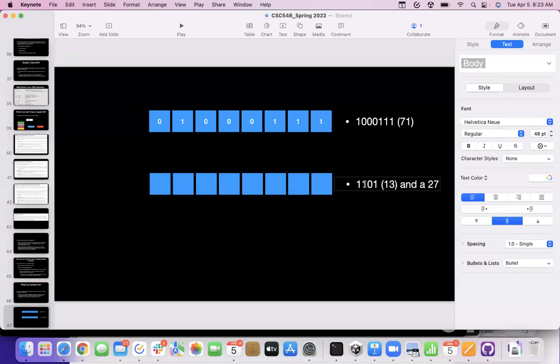That's 8 plus 4 is 12 plus 1 is 13. Let's see, I'm not going to be able to store 15 since I'm only dealing with 4 bits. Actually, let's store a smaller value. Let's store 5. So this will be a 0 in the 8's place, a 1 in the 4's place, a 0 and a 1.